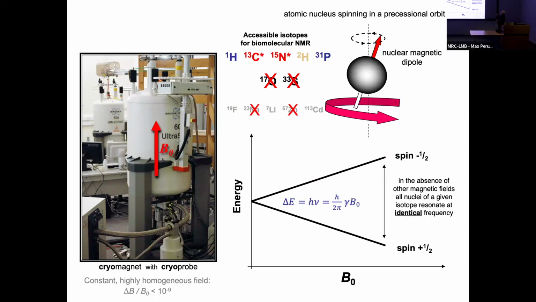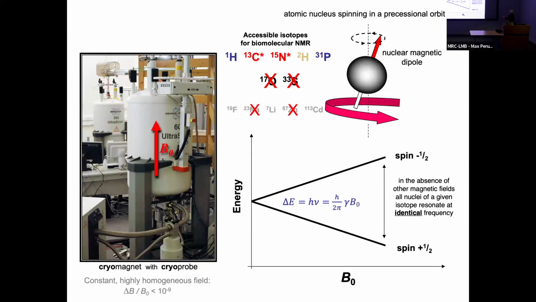Because of the quantum mechanical selection rules, we only get these two states. We either get aligned with or aligned against the magnetic field. And so we get two different energy states in there.